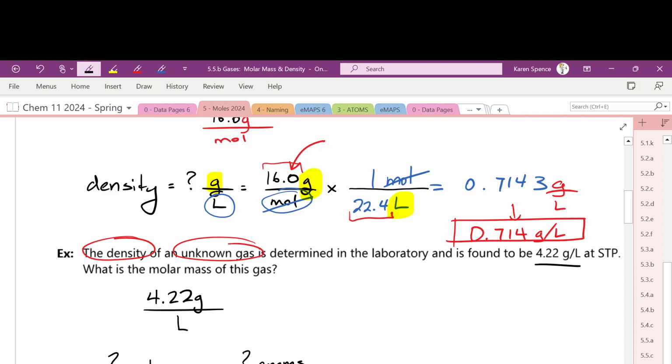And I'm starting with 4.22 grams per liter. It is a gas. It is at STP. So I am perfectly capable of using my molar volume. And what do I get? What do I have to cancel here?